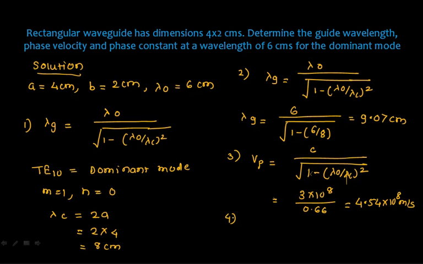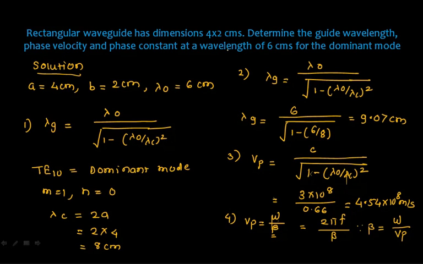That is Vp is equal to omega by beta. Beta is nothing but the phase constant. We know the phase velocity, and we know omega, which is the frequency term, so then we can calculate all the things. Here omega will become 2 pi f. If I'm interested in beta, then I can write beta is equal to omega by Vp. Vp you have calculated. Omega is 2 pi f, and if you are interested in calculating f, that is frequency, you can calculate it if you know lambda 0.